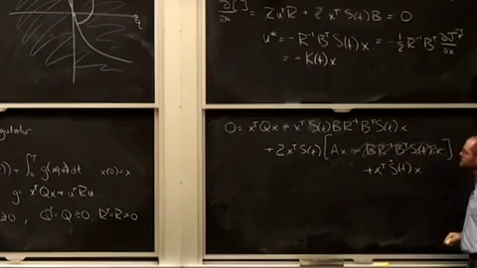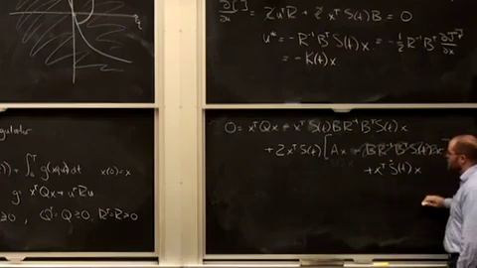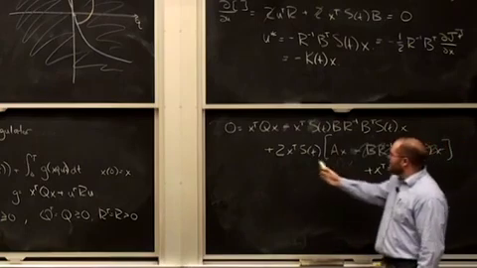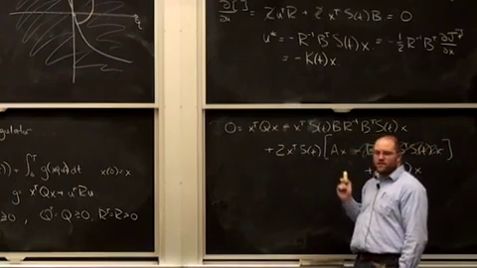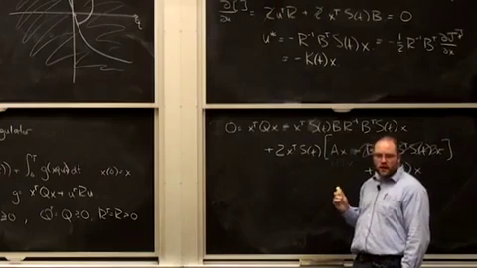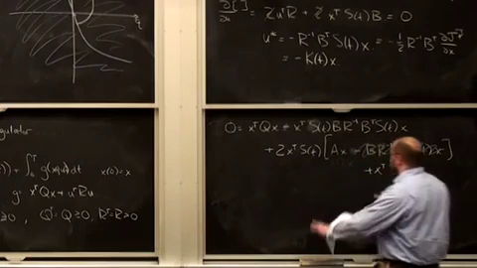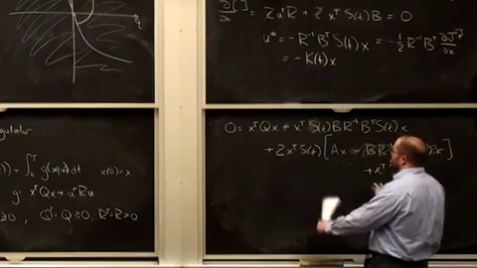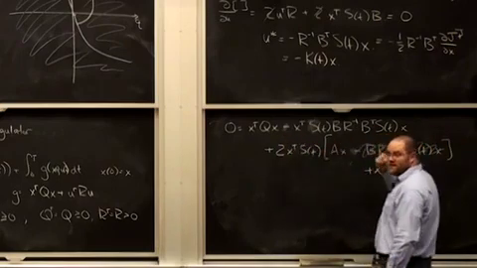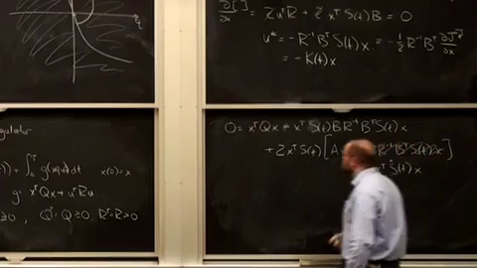Okay. And it turns out that everything has this X transpose matrix X form. Okay. So in order for this thing to be true for all X, it must be that the matrix inside had better be 0.